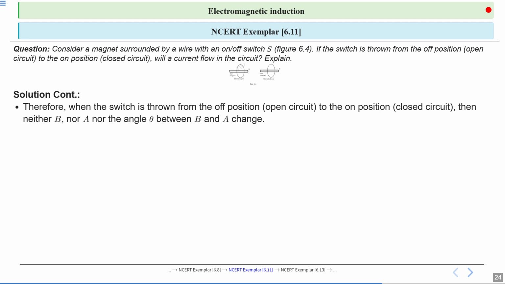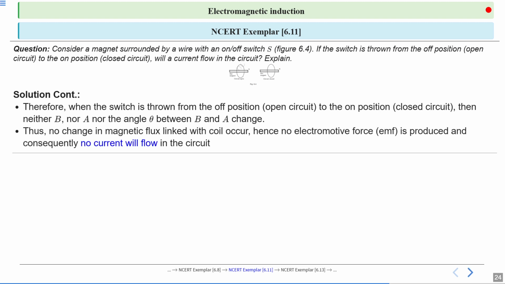We are not changing the area or the orientation of the coil. The only possibility is relative motion of the bar magnet with respect to the coil, but the bar magnet is also stationary. Therefore neither B nor A nor the angle theta is changing, so no change in the magnetic flux linked with the coil occurs.